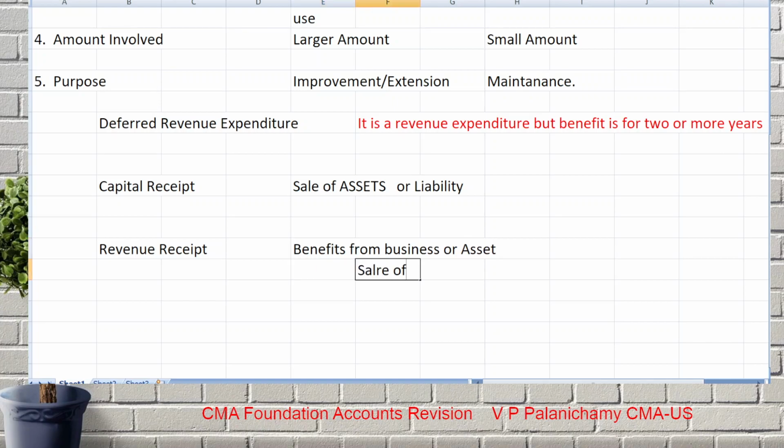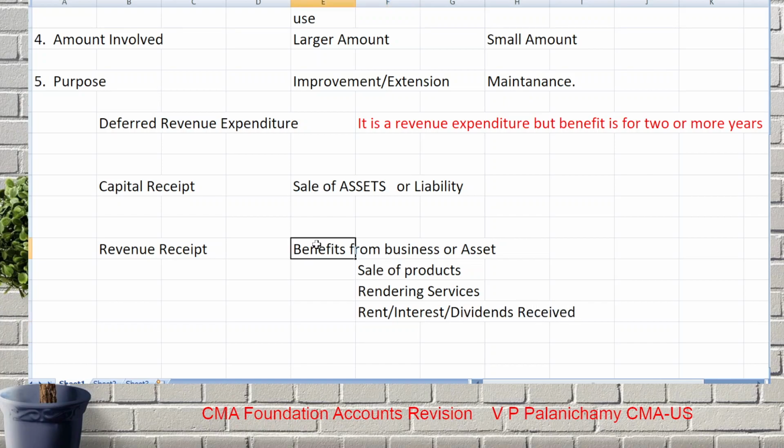It can be sale of products or rendering services, or it can be incomes like rent, interest, dividends received. When you enjoy the benefit alone, that is a revenue receipt. If you sell the asset, it is a capital receipt; if you enjoy the benefit from that asset, that is a revenue receipt.